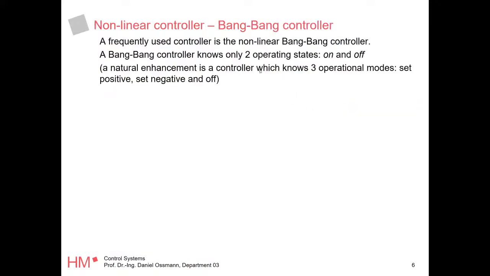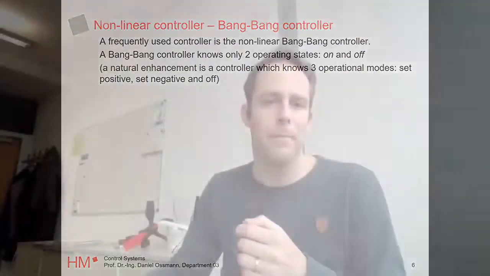The 3-point controller is a natural extension of this. It can have fully on, fully off, or fully on in the negative direction. For example, for a temperature control, you can go full heating, full cooling, or just do nothing.